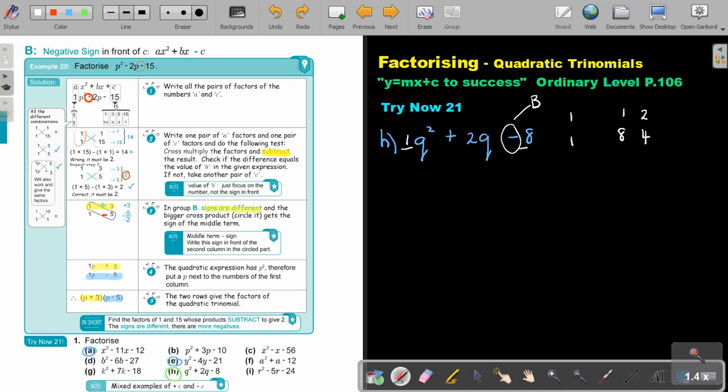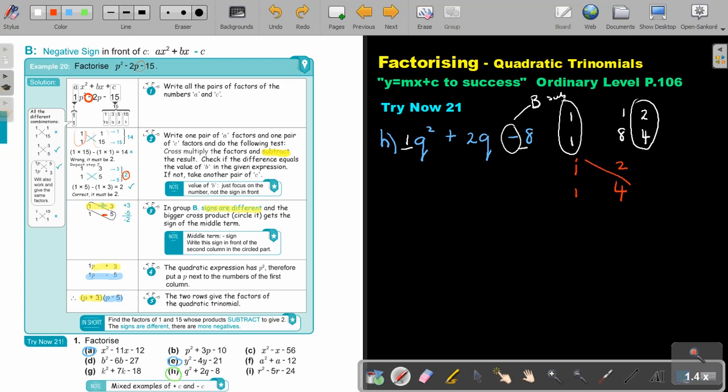And don't forget, I'm not going to add, I'm going to subtract the products. So if you look here, 8 minus 1, but if you look at this, 4 minus 2, that's 2. That's going to work. So it's going to be 1 and 1, 2 and 4. So 4 minus 2 is going to give me that 2.